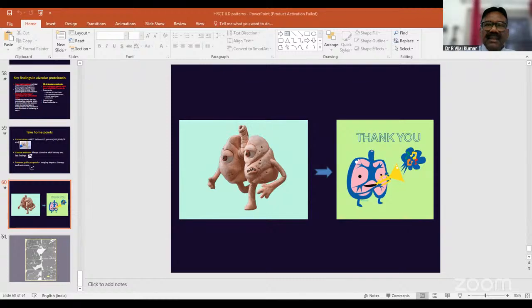Similarly, connective tissue disease related ILD is based on physical examination, history, and serology. And when it comes to sarcoid, although radiology gives enough indications, the ultimate diagnosis is based on histopathology, either by sampling the lymph node or the parenchyma.